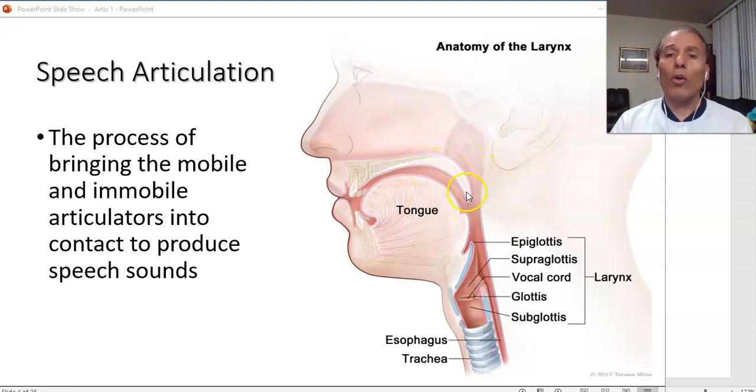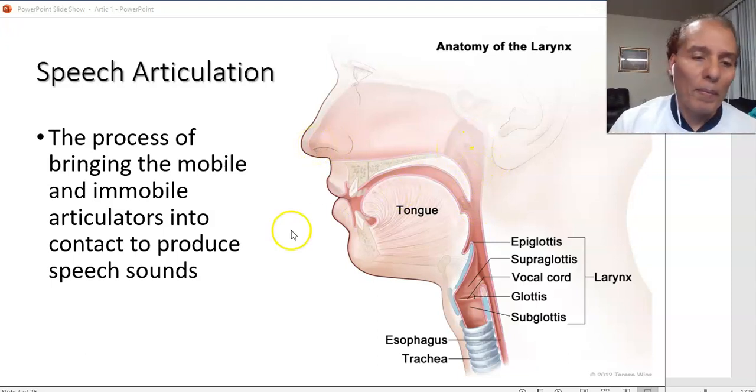So when you open your mouth and say ah, you can see that part. That is called the oropharynx, from oral cavity. And the area that is above, we obviously call it the nasopharynx.